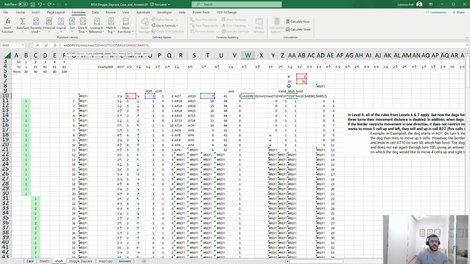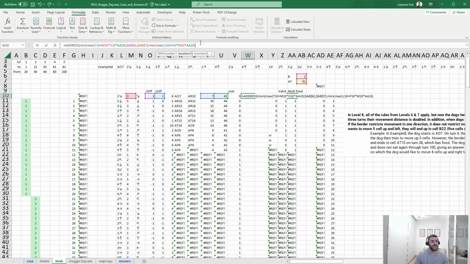For column number, I will do this plus this times the multiplier. Okay, and same thing. So I will need to say min max, but I need those converted to numbers because now I have the letters.